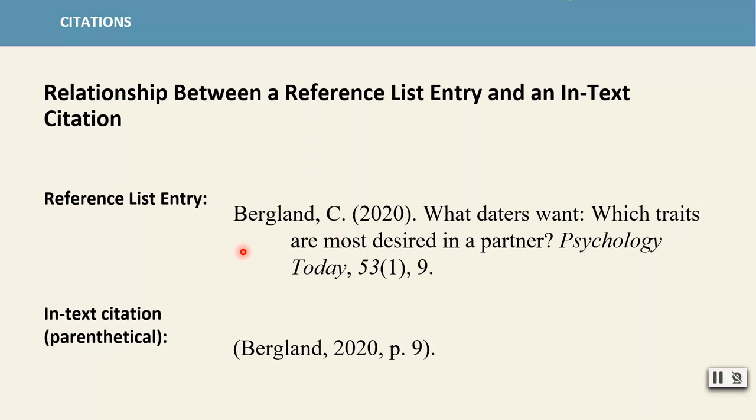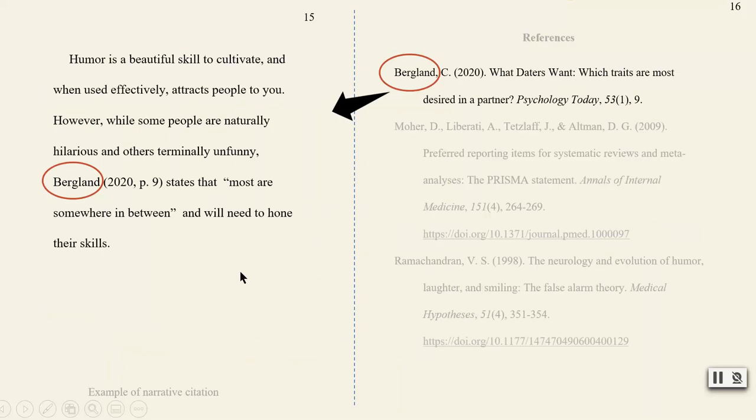So it becomes very easy for your readers to find that source. If you have an in-text, you must have a reference on your reference page. If you have a reference or a citation on your reference page, you must have somewhere in your paper a spot where you are actually using and giving credit to that author.